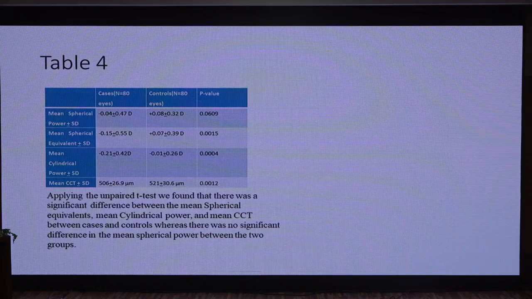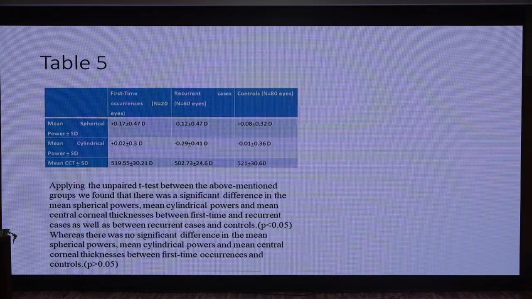Now, when we compare the mean cylindrical error and mean CCT between cases and controls, we find a significant difference. But for mean spherical error, there was no significant difference between cases and controls. But here's a catch.